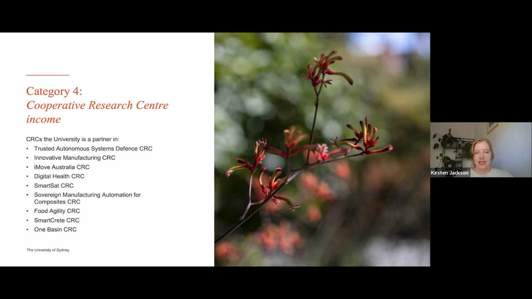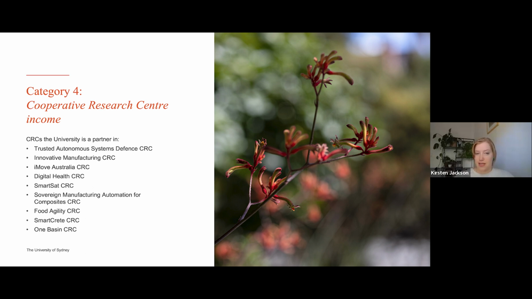The cooperative research centres are 5 to 10-year research collaborations that receive matched federal funding to work on areas of national priority. There are currently 24 that are active, and they range from the smallest one, the Smartcrete CRC, with about $40 million funding in total, up to the Developing Northern Australia CRC, sitting on about $150 million of funding.